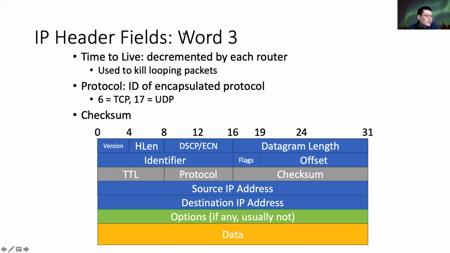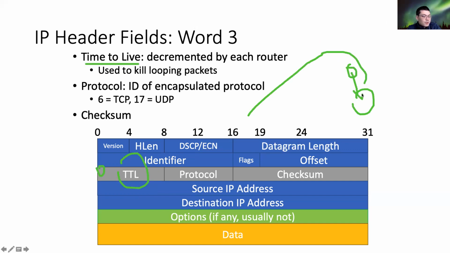So that's why we need time to live. When it comes to 0 and you reach this router, this router will not continue, because if it continues, it becomes -1. It will just drop it. This avoids an infinite loop.